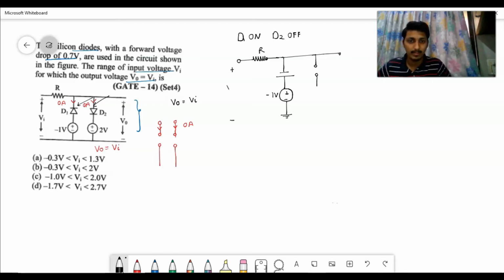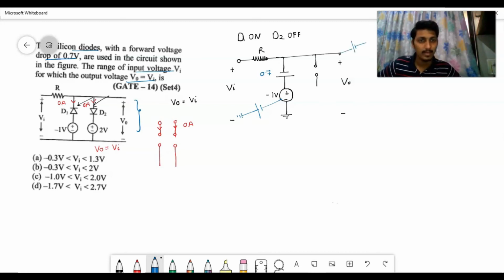So plus or minus, this is nothing but Vi plus or minus V0. Minus first, then this polarity changes because of minus 1 volt, and this is nothing but plus and then minus. So if we take this path, we will get plus V0 plus 0.7 volt plus 1 volt equals 0. So V0 comes out to be minus 1.7 volt for this terminal.